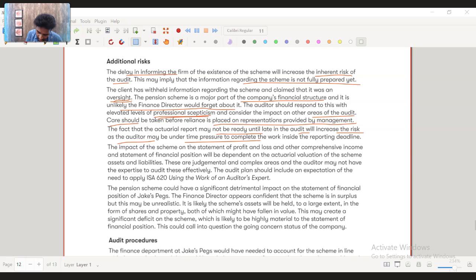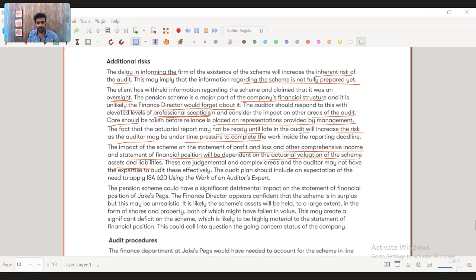The impact of the scheme on the statement of profit or loss and other comprehensive income and statement of financial position will definitely depend upon the actuarial valuation of scheme assets and liabilities. So this particular employee benefit impacts the statement of profit or loss, other comprehensive income and financial position as well.